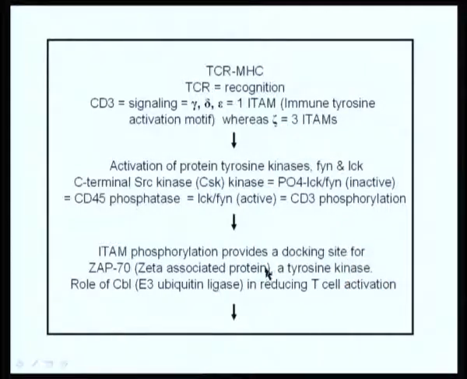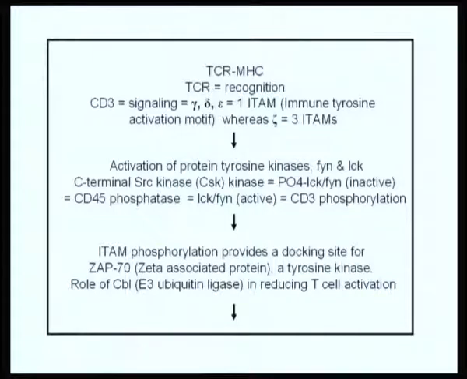Now, again as I mentioned, once you have T cell activation, you need to bring it down. So, the cell as well as the host have figured out ways by which you can do that, and one important molecule here is Cbl. Cbl is an E3 ubiquitin ligase, and a substrate for Cbl is ZAP70.